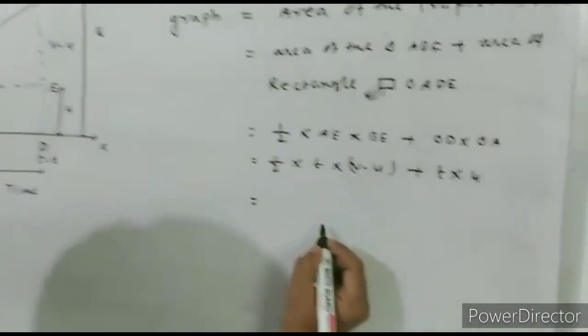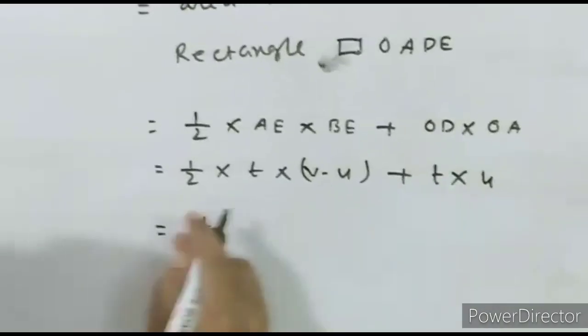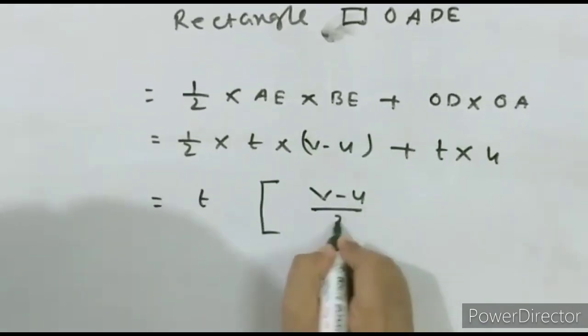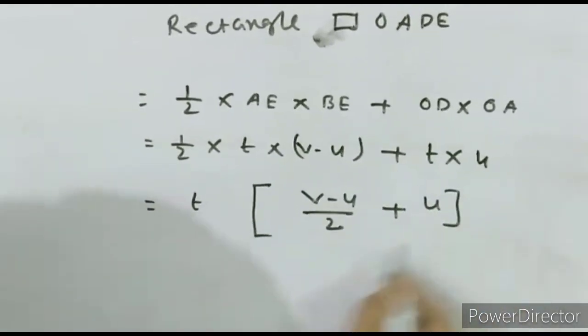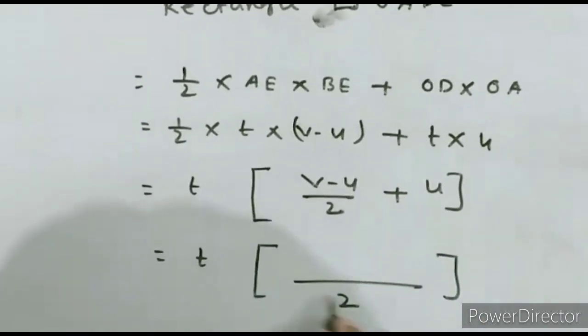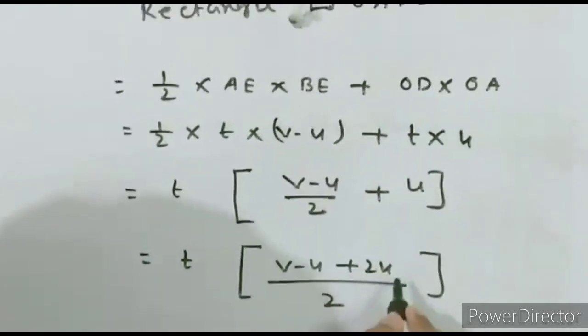So the final equation takes the form: s equals t taken outside, common on both sides, so (v minus u) by 2 plus u. Taking 2 as the LCM, we get (v minus u plus 2u) by 2.